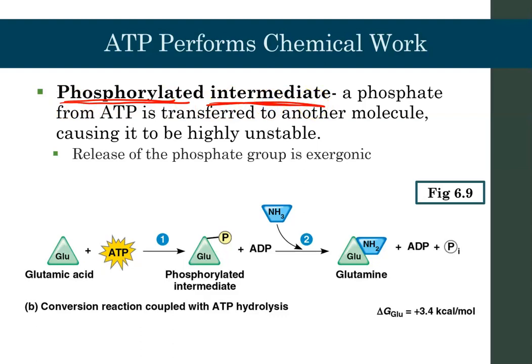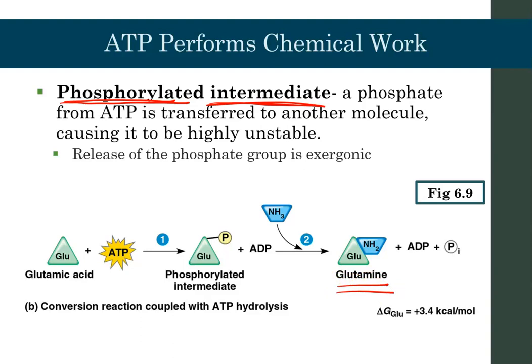So what this is saying is that there is a phosphate that is being transferred that is powering a chemical reaction. So ATP works by the transfer of a phosphate molecule. So a phosphate from ATP is transferred from one molecule to another. So in this pathway here, we are trying to build the amino acid glutamine.